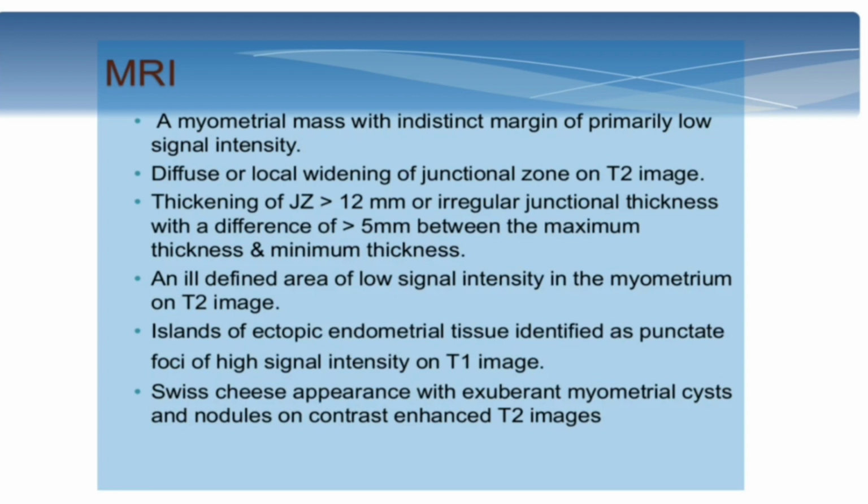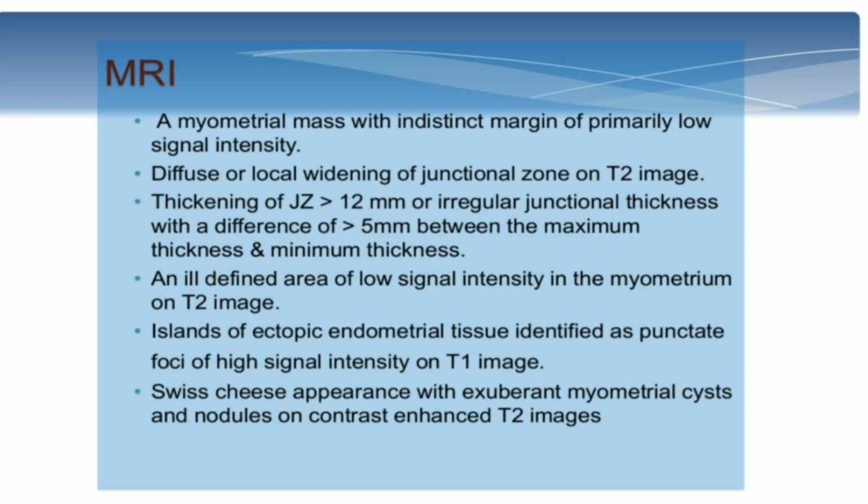Islands of ectopic myometrial tissue are identified as punctate foci of high signal intensity on T1 image. We can also find Swiss cheese appearance with exuberant myometrial cysts and nodules on contrast enhanced T2 image.